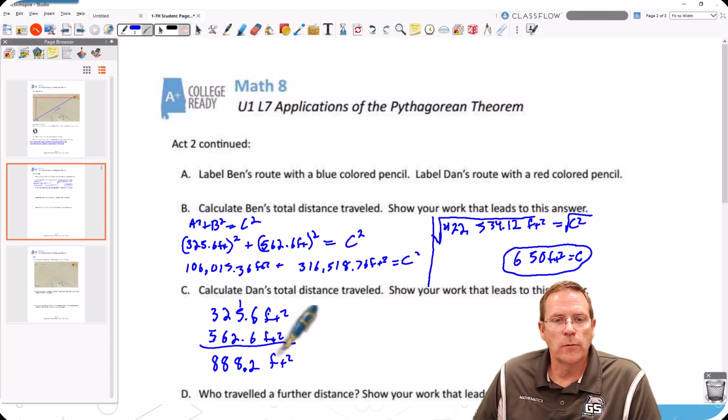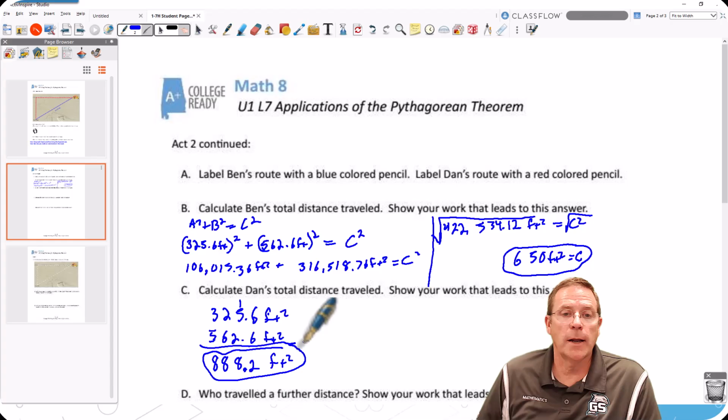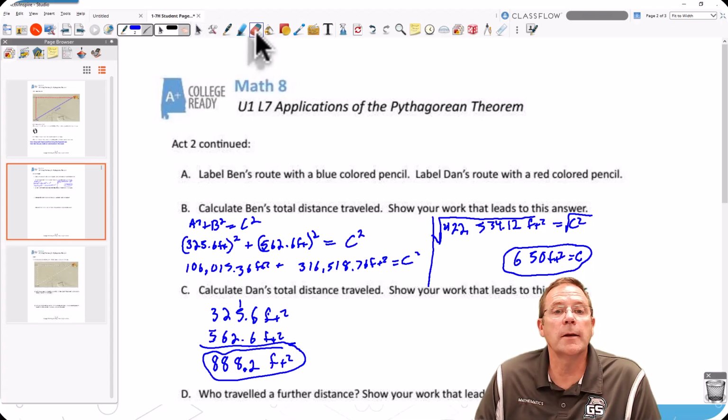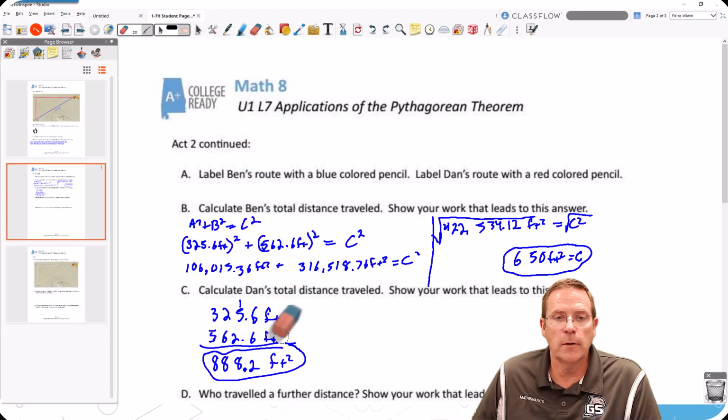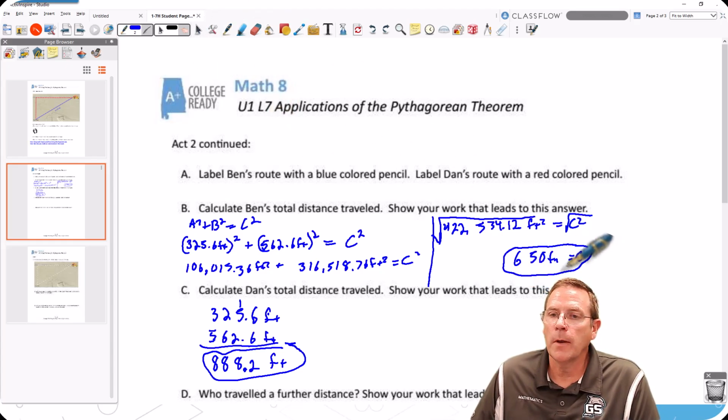So his total distance is going to be 888.2 feet. Actually, not feet squared, that's just going to be feet. I need to get those squareds out of there, and out of there, and out of there too. It's just feet, no longer feet squared.